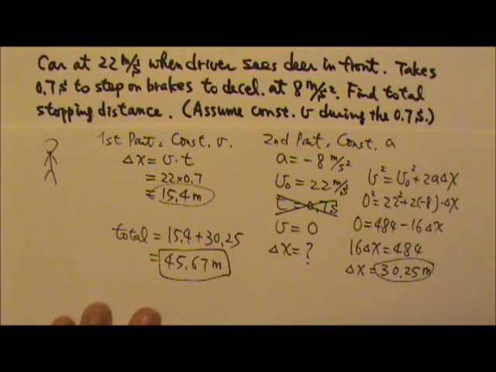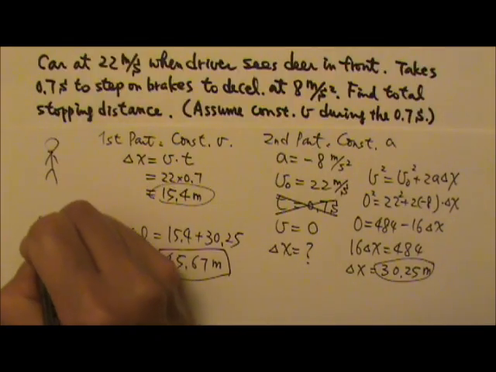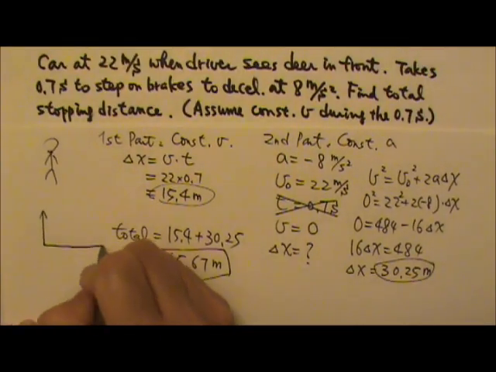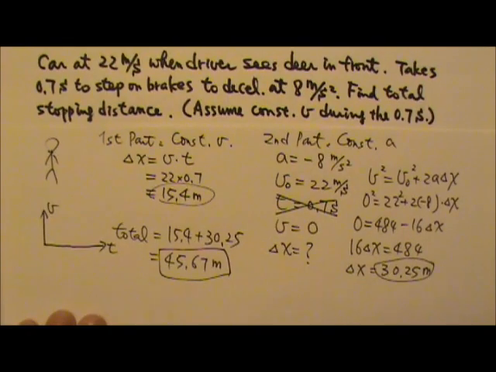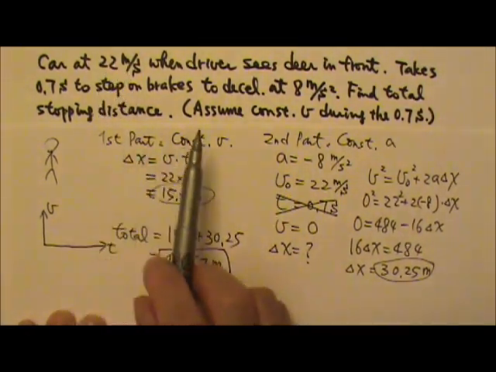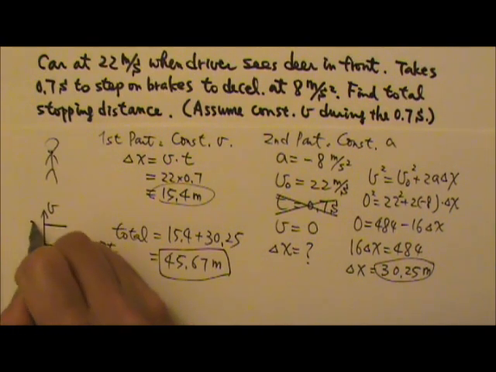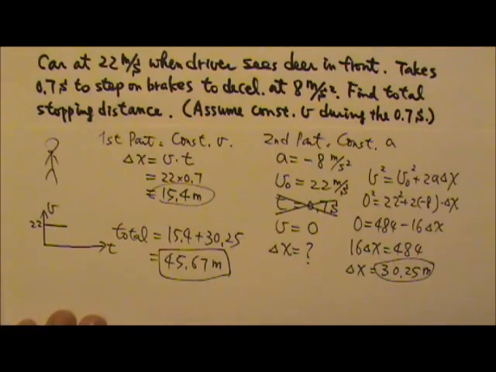total stopping distance. Now, in case you're interested in using a velocity versus time graph to solve the problem, you can certainly do that. The car at first goes at a constant velocity. The velocity is a constant 22 meters per second, and that lasts 0.7 seconds.